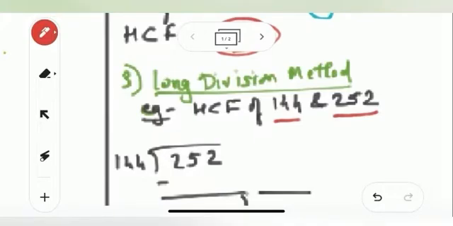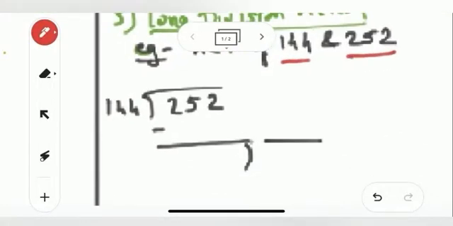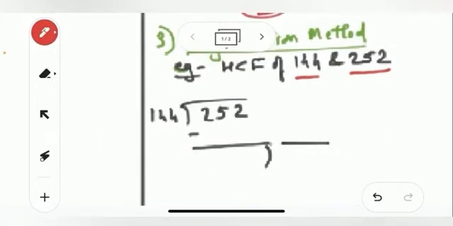We divide the greater number by the smaller number. If there is any remainder, then divide the divisor by the remainder and repeat the process till we get the remainder as 0. Now 252 goes 1 time in 144, so the remainder is 108.